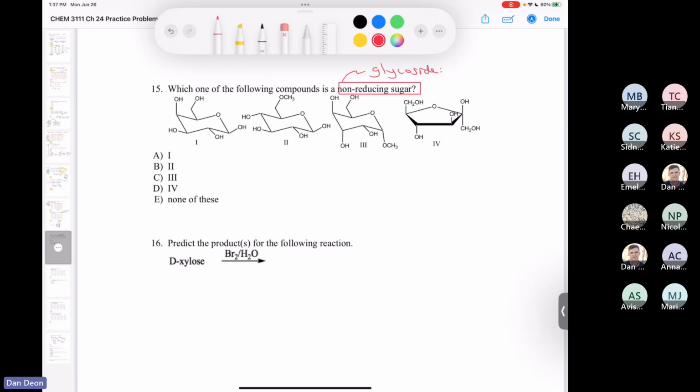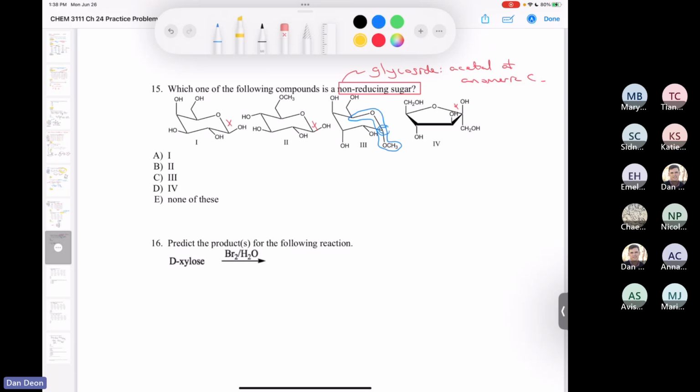And if you don't remember what a glycoside is, it's something that is an acetal at the anomeric carbon. So if we look at these 4 compounds here, we have a hemiacetal here, here, and this one also has a hemiacetal. But if we look at this compound, we have an ether here, and we have another ether here. And so this compound is a glycoside, therefore it's going to be a non-reducing sugar.